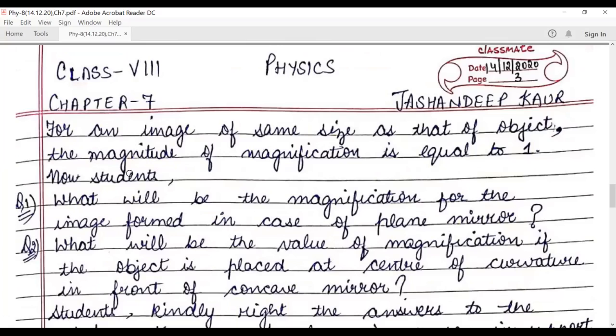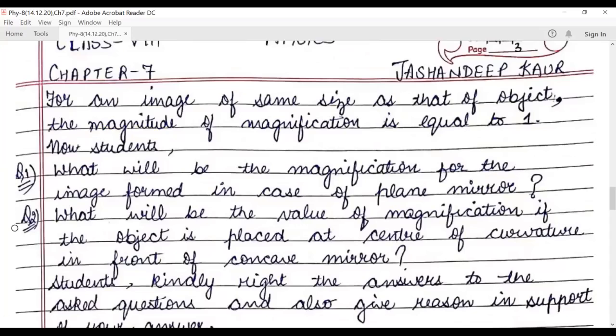You have to answer it in your physics notebook, and with the answer you have to give a reason too. So kindly listen. Question number 1: what will be the magnification for the image formed in case of a plane mirror?